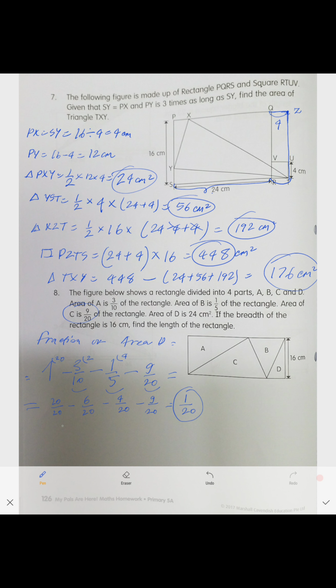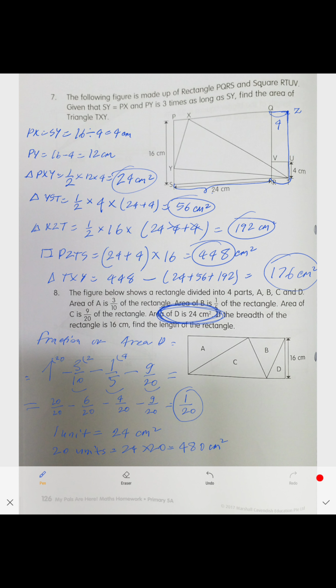So one unit, basically, they tell us that the area of D is 24 square centimeters. So how much is 20 units? 20 units is 24 times 20, which is 480 square centimeters.